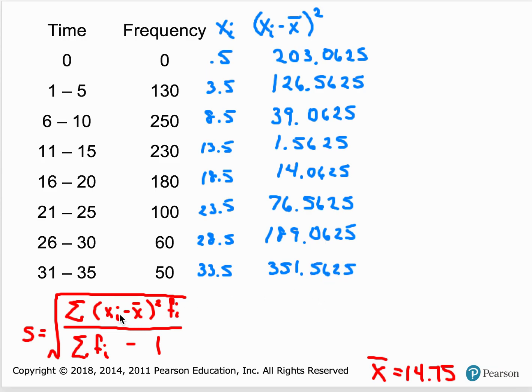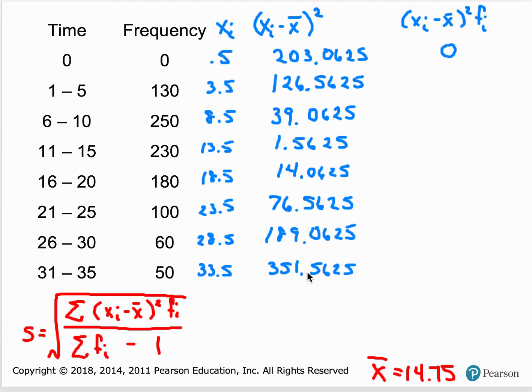Okay, so I've got this part. Now I've got to multiply it by the frequency. All right, so my last column. Okay, so 0 times this. Okay, I'm going to start down here just because I already have this in my calculator.